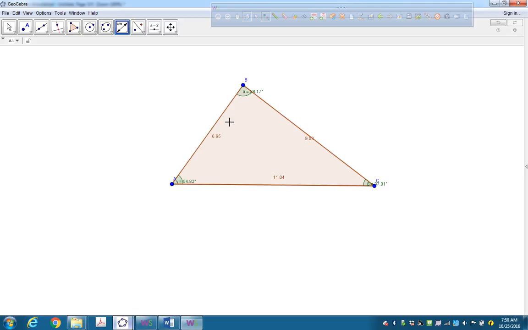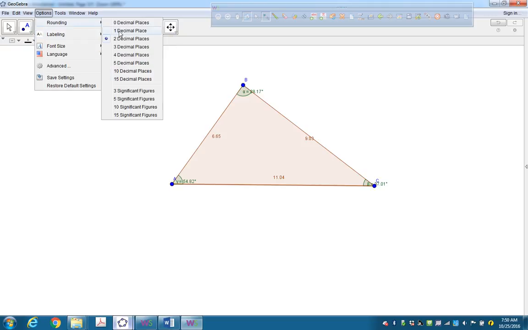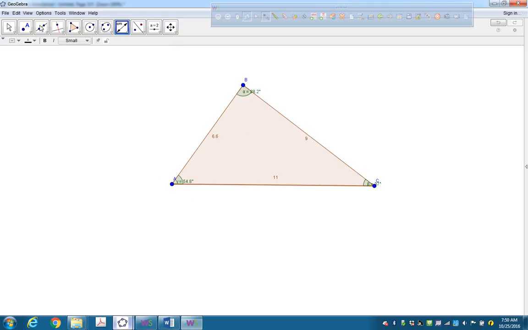And then drag them so you could maybe set your rounding. Maybe set your rounding to 1 decimal place, just for something different. Okay, there you go. And then I'm going to drag my angle measure so that I could actually see them. Okay. And I'm going to drag my lengths of my sides so that I could actually see them.